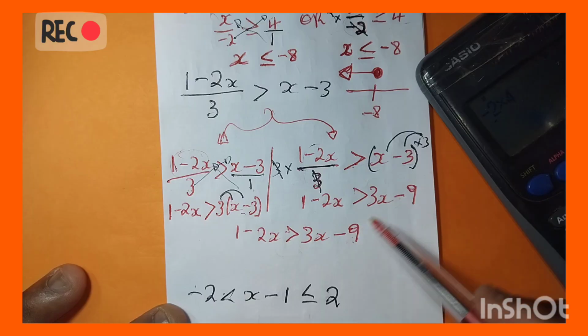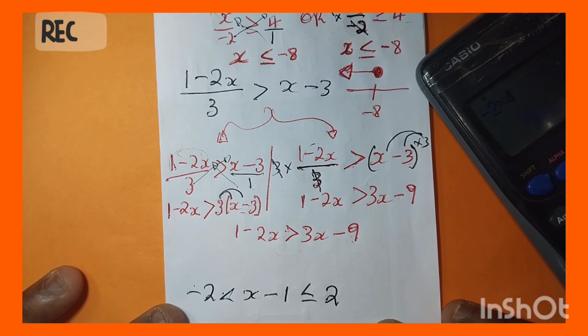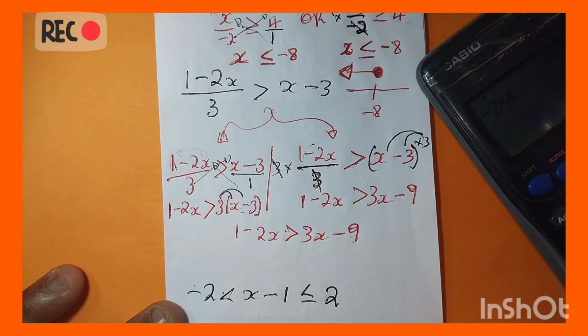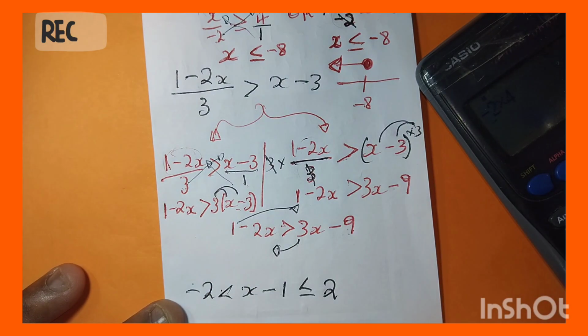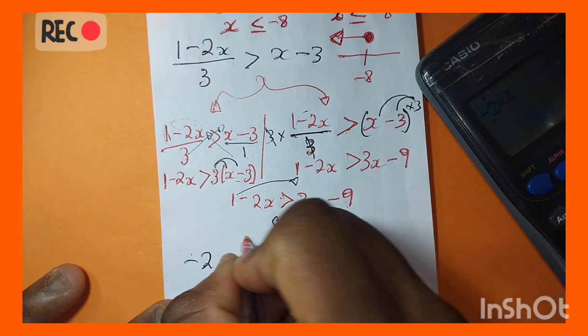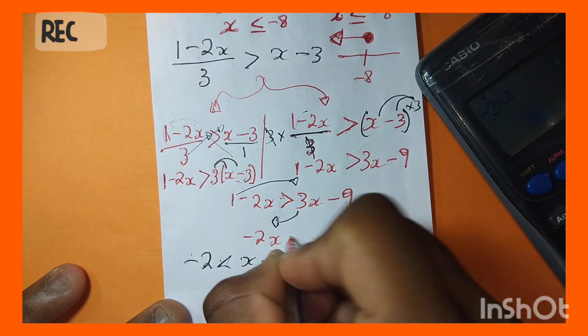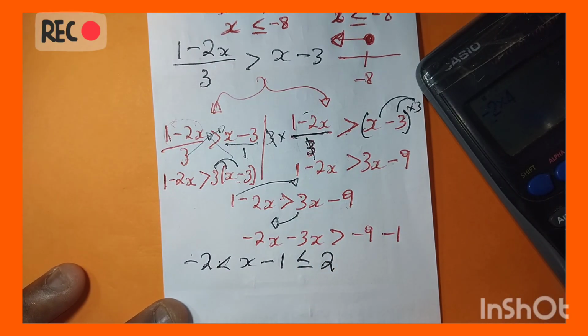It's still one and the same thing. So now what I can do is solve for x: take this thing to the other side and take that one to the other side, so that I will collect like terms. Here it will be minus 2x minus 3x, minus 9 and minus 1.